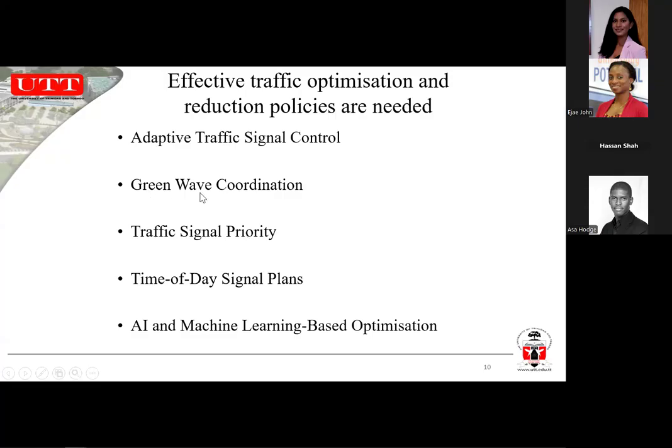Next, we have green wave coordination, which is used in New York City, for example. And this is simply where the traffic lights are timed so that drivers traveling at a certain speed would hit green lights. So again, minimizing stops. And this is mostly used for the buses. And lastly, we have traffic signal priority and time of the signal plans, which again is more for the buses.